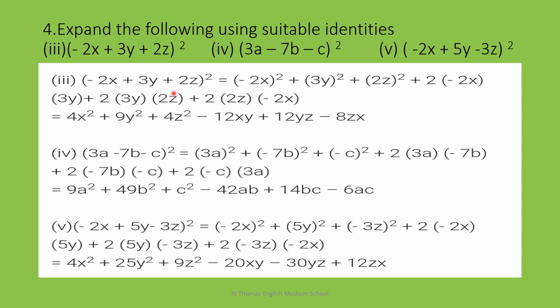Now 2 multiplied by minus 2, that is minus 4 multiplied by 3, that is minus 12. The variables are xy, so minus 12xy. Next term will be, all the terms are plus, so you can write plus 2 3s are 6, 6 2s are 12, 12yz. Now here one term is negative, so the term comes as minus 2 2s are 4, 4 2s are 8, 8zx.